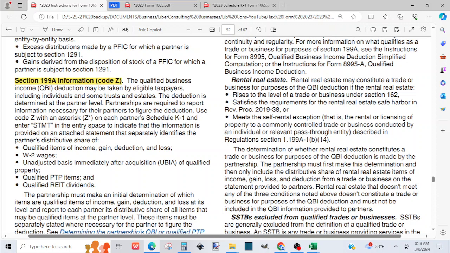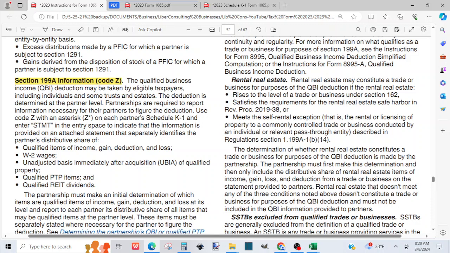The determination of whether a rental real estate constitutes a trade or business for purpose of the QBI deduction is made by the partnership. So the partnership might first make this determination and then only include the distributive share of the rental real estate item income, gain, loss, deduction from a trade or business on a statement provided to the partners.